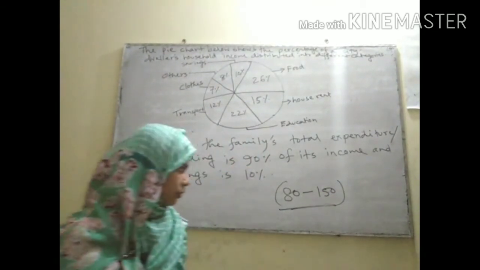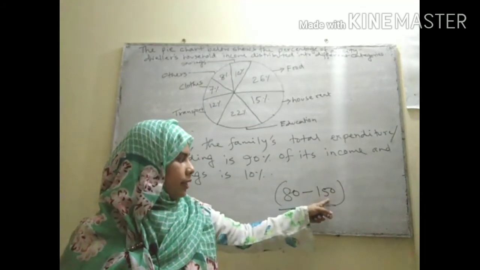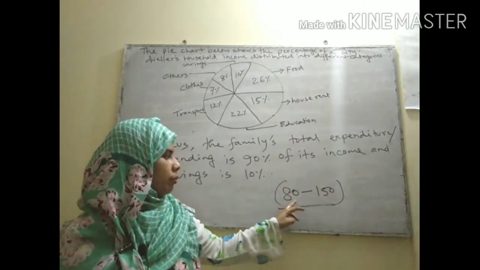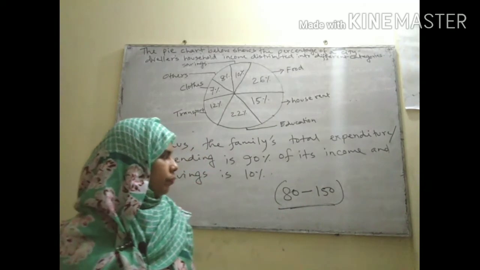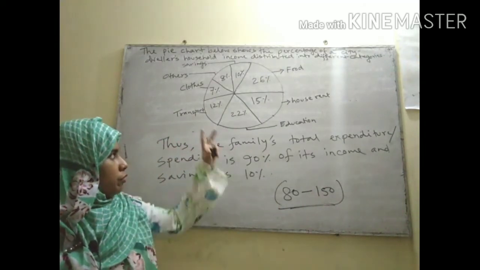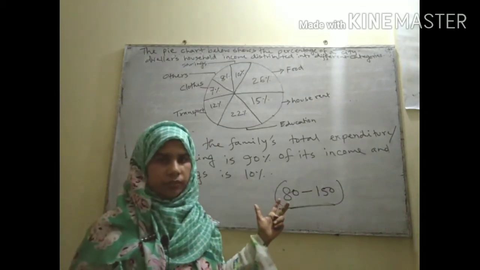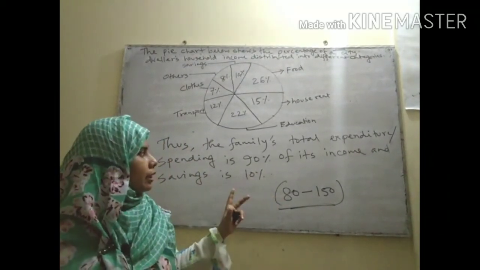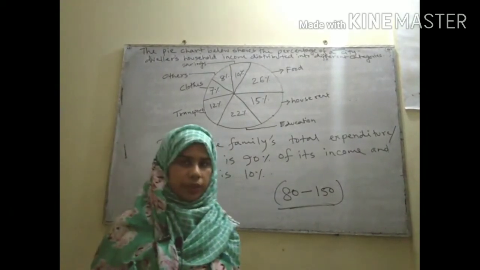Okay, 150 or 160 should not exceed the limit. From 80 to 150 is the good range. So if you follow the technique and if you write lucid English, simple English, it doesn't matter, you will get good marks.